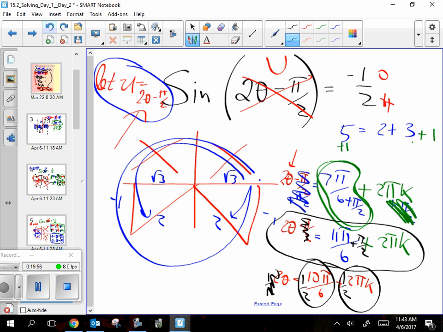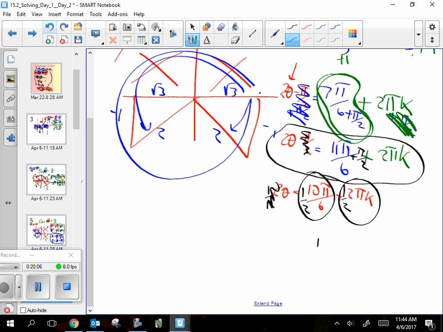So now my 14 pi over 6 plus 2 pi k has to all get multiplied by a half. 14 pi over 6 plus 2 pi k has to be multiplied by 1/2. And those will cancel. And this will become 14 pi over 12. Or another way to say it is 7 pi over 6 plus pi k.